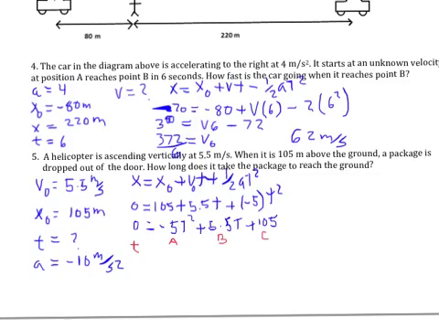So I'm going to put these into the quadratic equation, if you recall, it is this: x equals -b plus or minus the square root of b squared minus 4ac, over 2a.